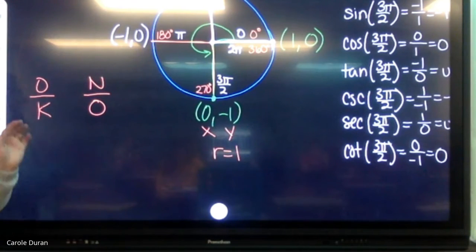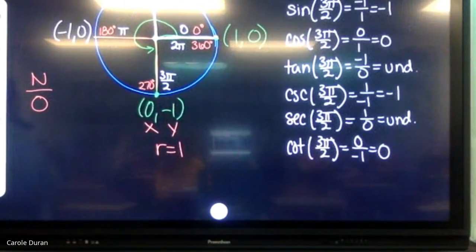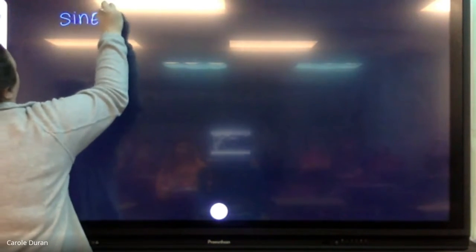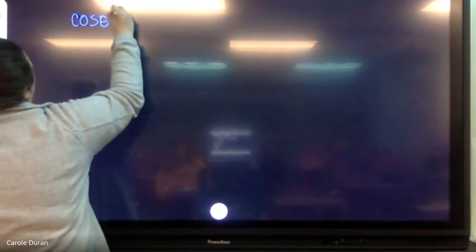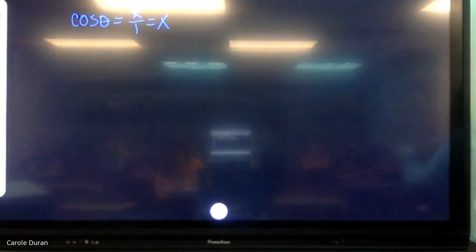Are we all okay with those 6 trig functions in terms of 3 pi over 2? So let's now make a generalization. When we were working on these, we identified that cosine of theta is equal to x over 1, which is just x. So the cosine of an angle is just the x coordinate of the terminal point.